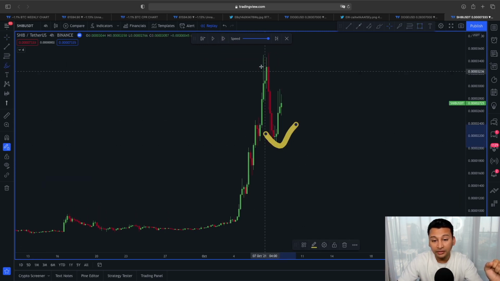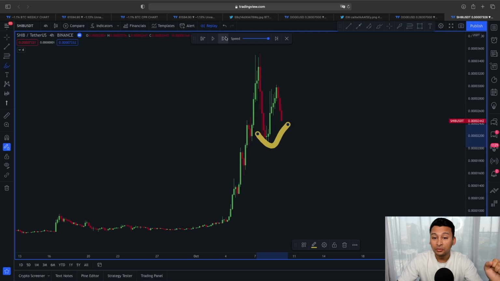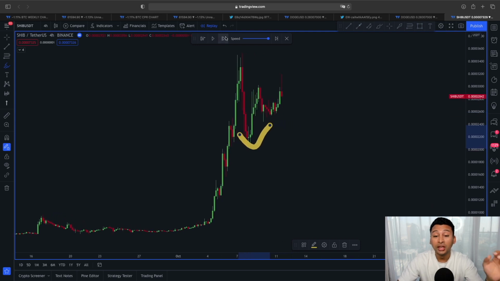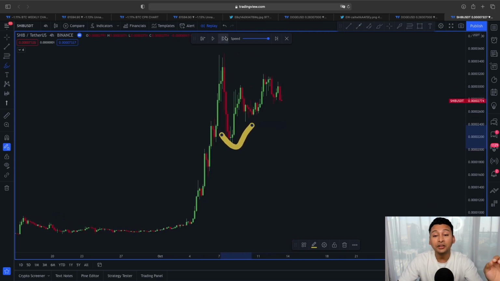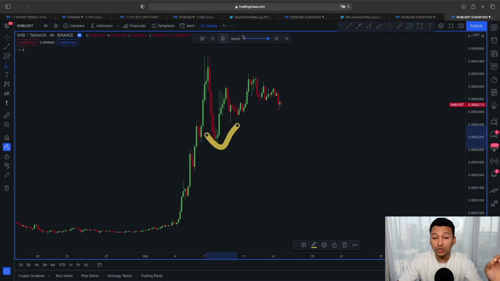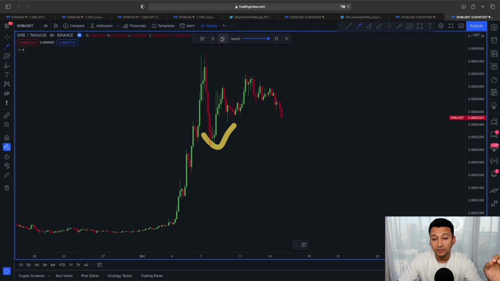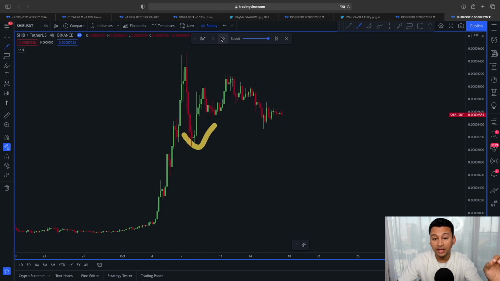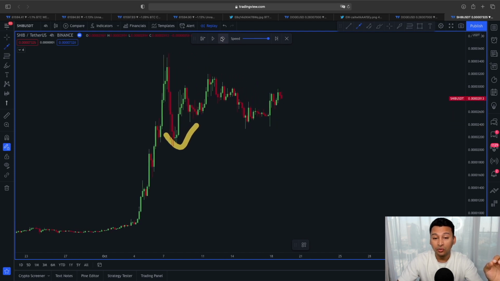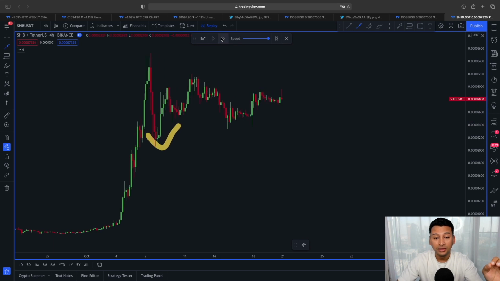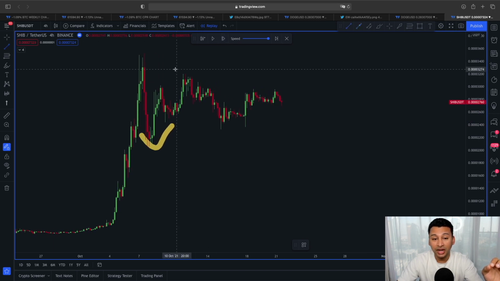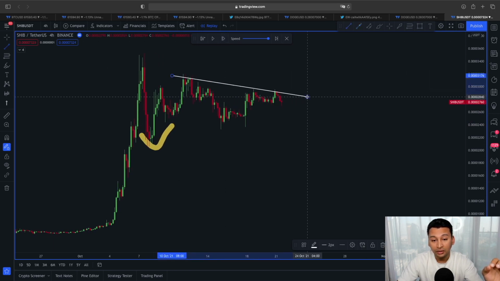And after that, price started consolidating, and this consolidation lasted a bit longer before it showed a breakout type of scenario. If you look at this price structure carefully, you can see, guys, the price of Shiba Inu was forming more of a symmetrical triangle breakout type of scenario, right?